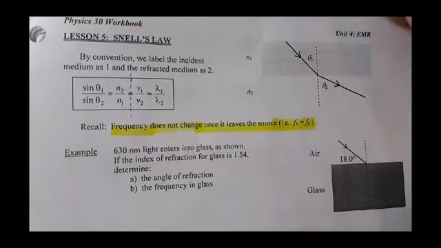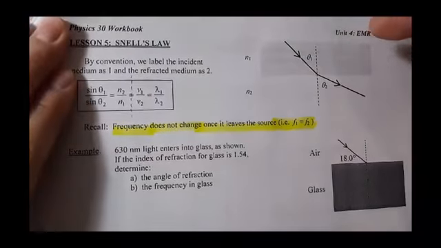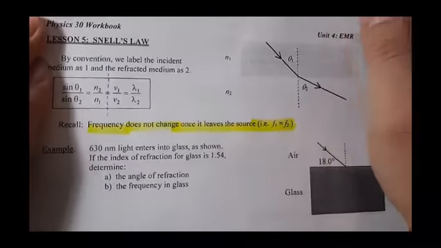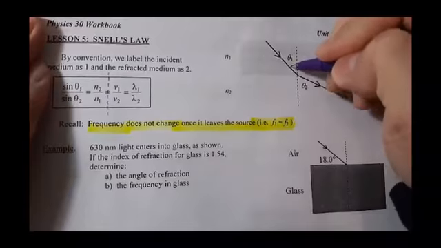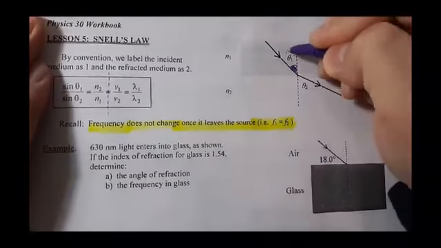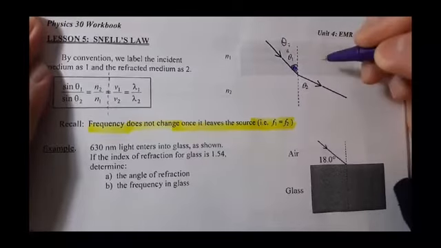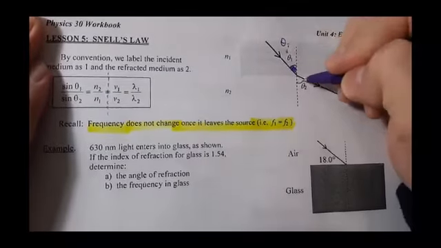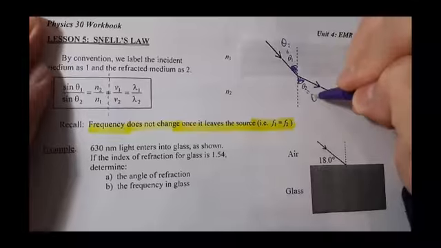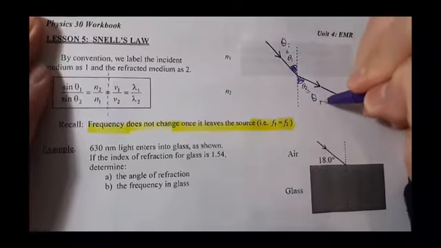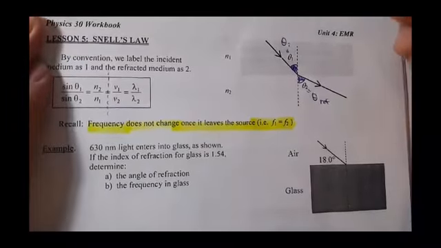So let's think about an example over here. It's not specifically an example, but you have an incident angle, which from now on I'm going to call theta 1, and a refracted angle, theta REF.